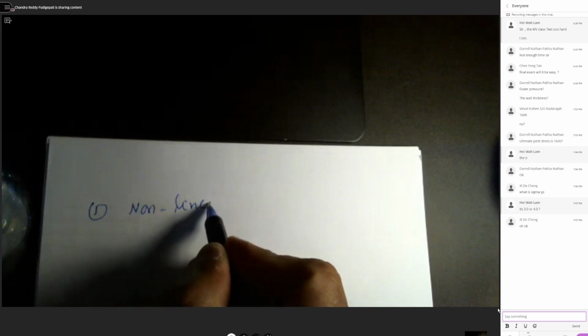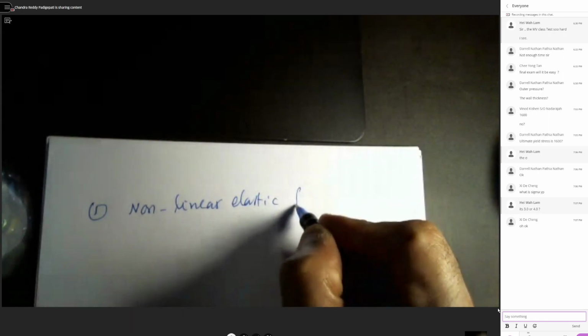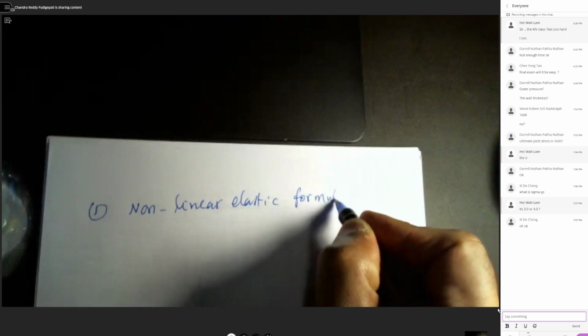Normally in many problems, they straight away give you the plastic yield stress. But here you need to calculate based on the safety factors given. So first let us do this for the nonlinear elastic formulation.